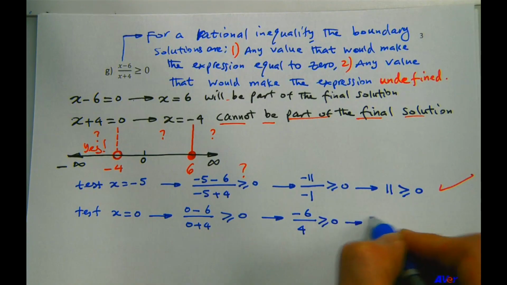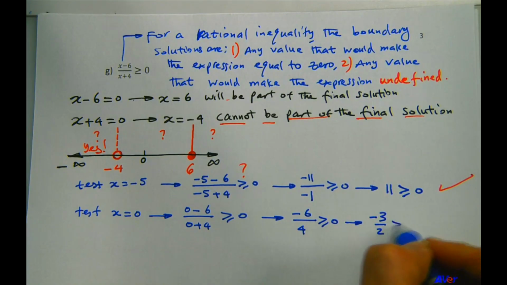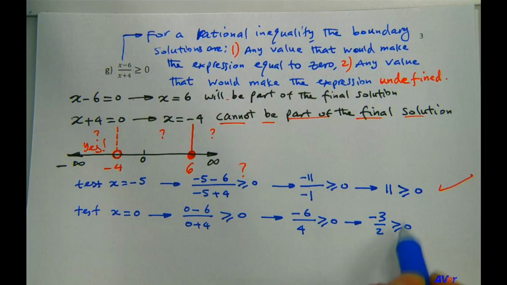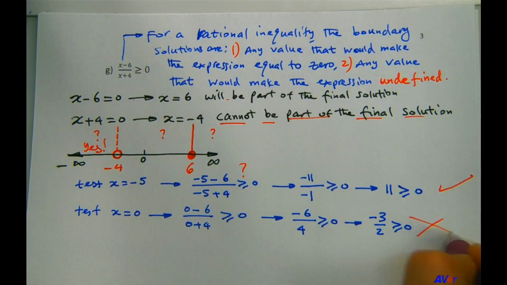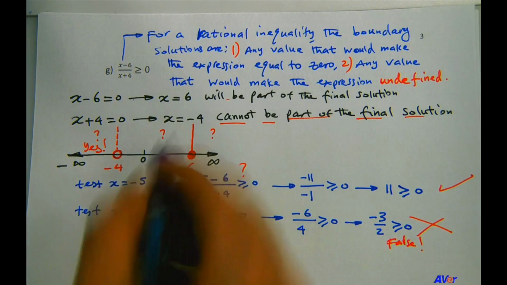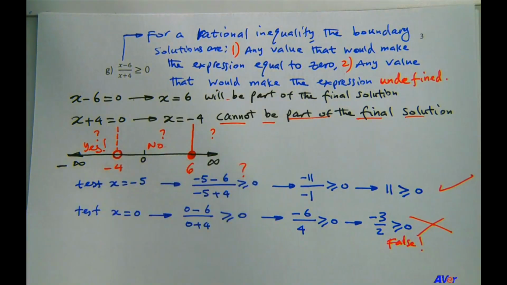This will be minus 3 over 2 greater than or equal to 0. Is that true? Is negative 3 divided by 2 some number greater than 0? Absolutely not. False. So this whole region is not a solution to our inequality.